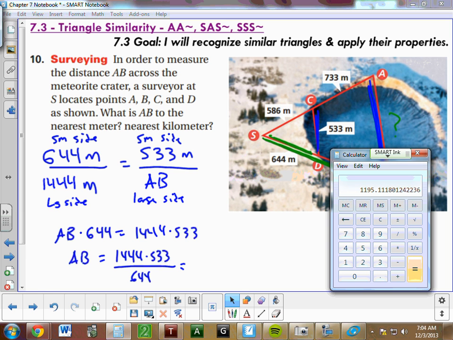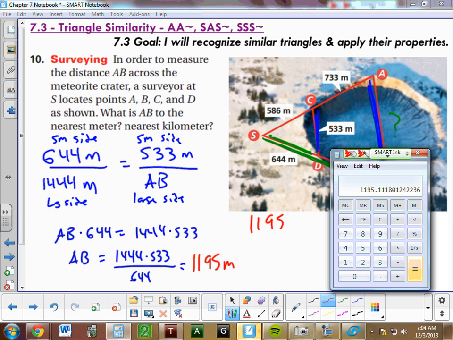Looks like 1,195. I'm just going to round to the nearest meter. So that's 1,195 meters. If I want to get that in kilometers, I can just take the decimal place and move it 3 times. So that's 1.195 kilometers. So to the nearest kilometer, it's roughly 1 kilometer. So either 1,195 meters or 1 kilometer.